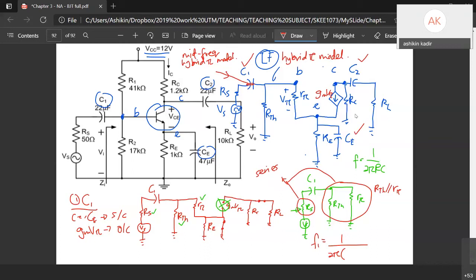So you rewrite the equation as RS in series, so you plus RTH parallel with Rπ. And then you multiply with the capacitor C1. Okay, so this is F1, so you get the frequency value.